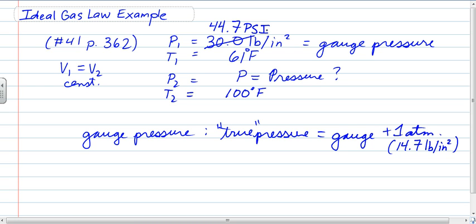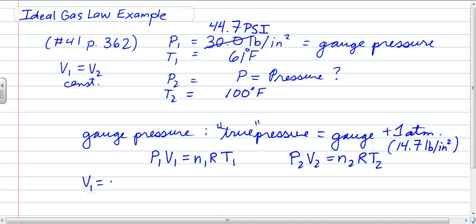Okay, now we have to be careful and think about, do we have to convert our units? It turns out that for pressure we don't, but for temperature we do. So we set up the ideal gas law, and we know that P1 V1 is equal to N1 R T1, and P2 V2 is equal to N2 R T2. So I'm starting at the very beginning, and I'm going to add in the fact that V1 is equal to V2 is equal to constant, so we can take that out.